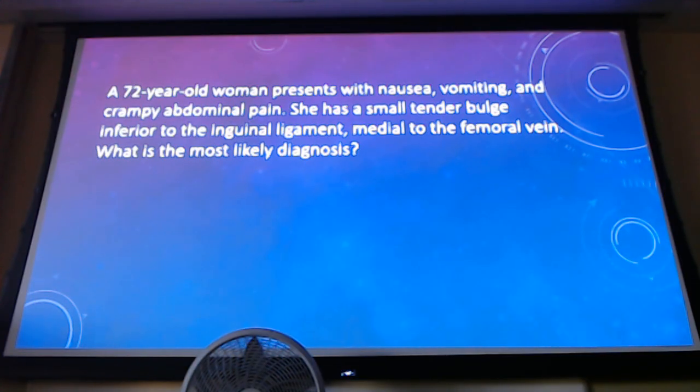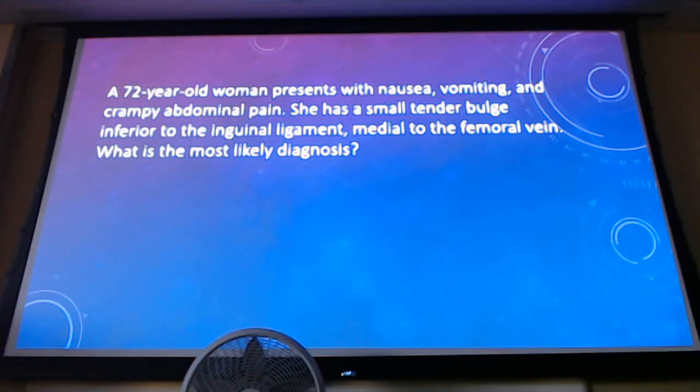Good. All right. 72-year-old woman presents with nausea, vomiting, and crampy abdominal pain. She has a small, tender bulge inferior to the inguinal ligament medial to the femoral vein. What's the most likely diagnosis? Femoral hernia.